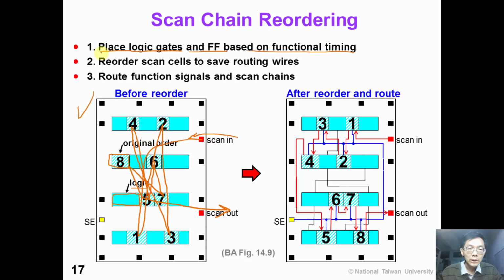So we can actually reorder our scan cells to save our routing wires, and then we can route the functional signal and the scan chain in a more efficient way. As is shown on the right hand side, we reorder the scan cells in this way so that we can scan into 1, 2, 3, 4 and 5, 6, 7, 8 and scan out. This is a more efficient way to route our scan chain.